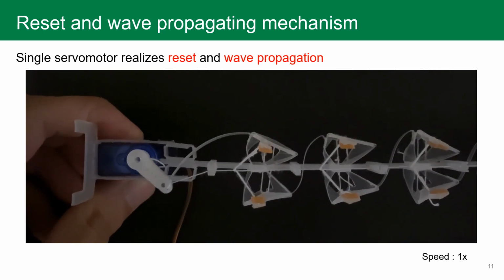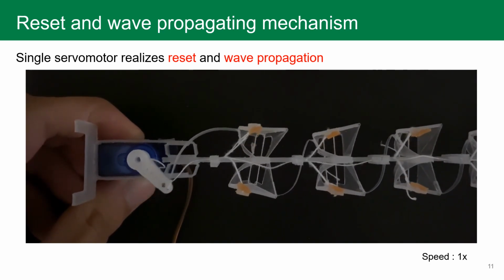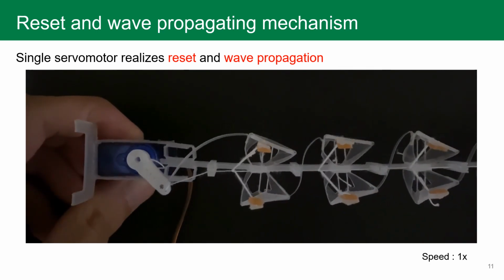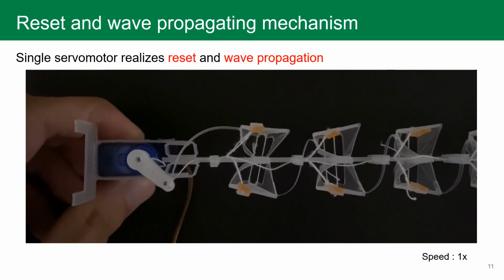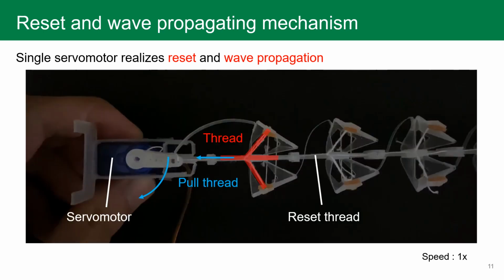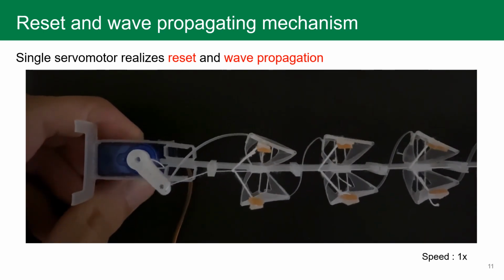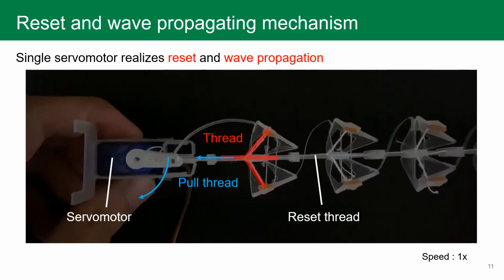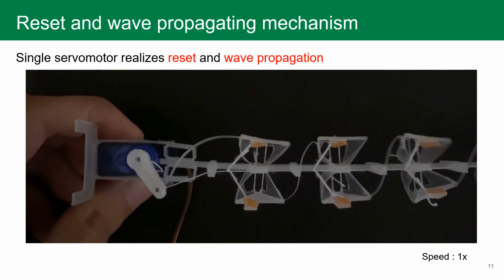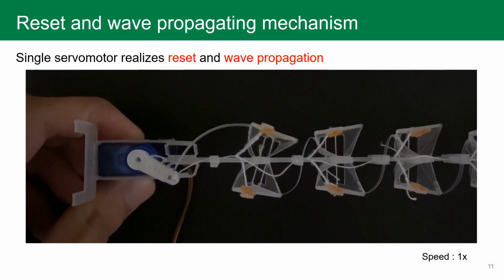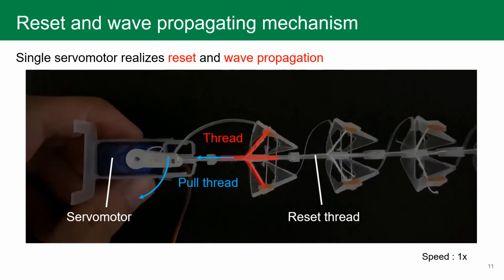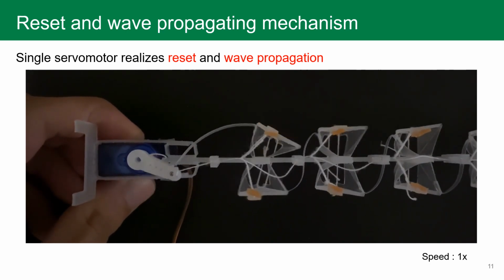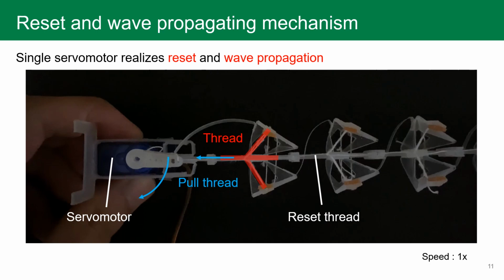Next, we will move on to the reset and wave propagating mechanism. A single servo motor attached to the back of the prototype realizes reset and wave generation. When the motor rotates and the reset thread is pulled, all bistable structures are pulled by the thread to transition to high-energy stable states and can be reset.